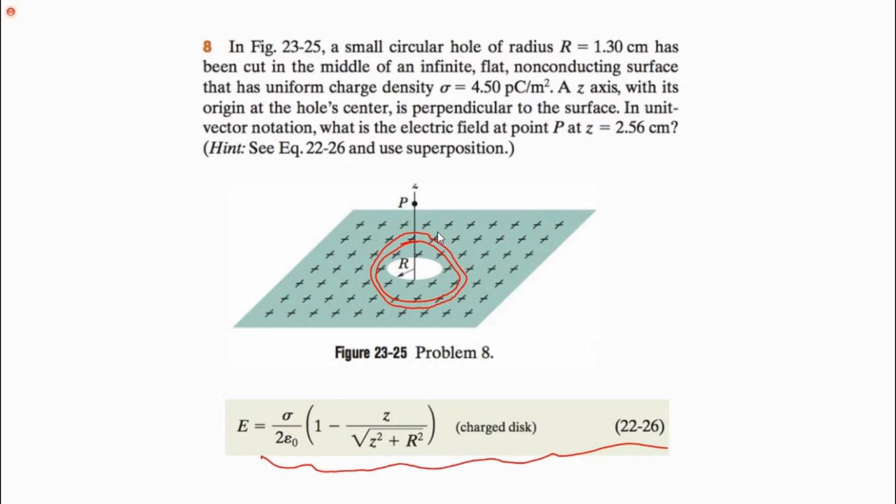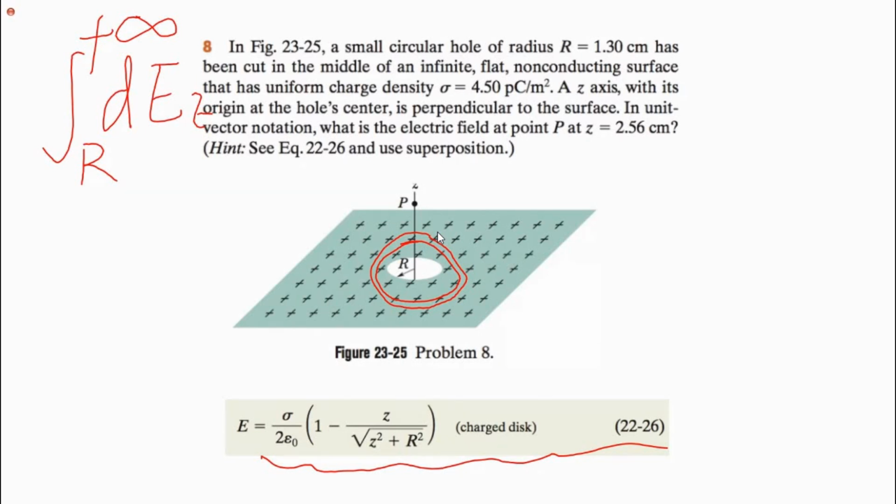The electrical field from the circular charge has already been given in the PowerPoint. What you need to do is just integrate dEz from R to infinity, and you will achieve the final answer. If you do it this way, it is correct, but it is not that convenient.